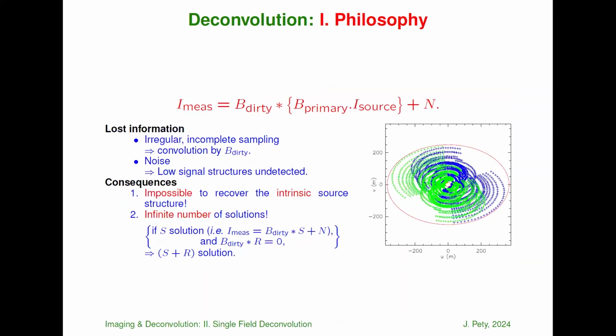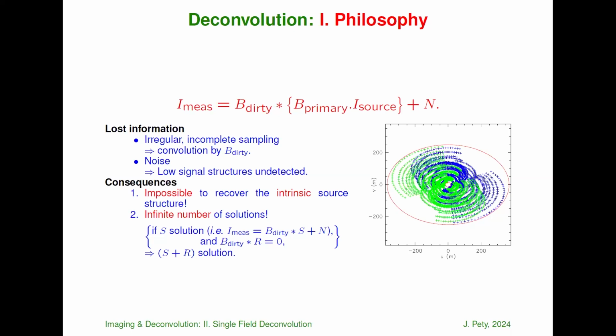The key point about deconvolution is that the measurement equation in the image plane is a convolution of the dirty beam with the intensity of the source times the primary beam. And the dirty beam is the inverse Fourier transform of your sampling function.